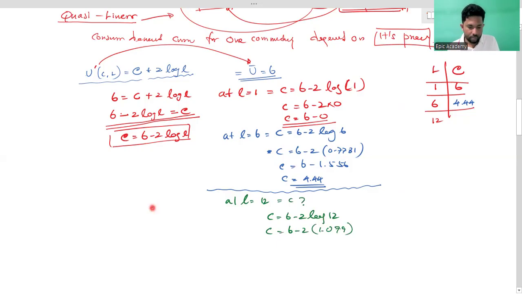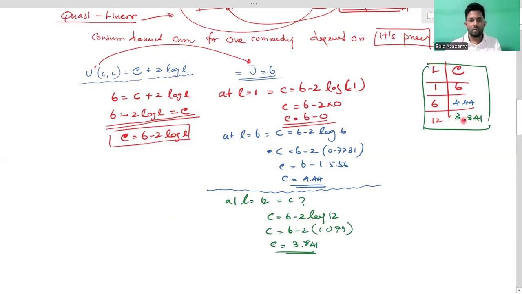Multiply by 2, 2.158. 6 minus the answer becomes 3.841.